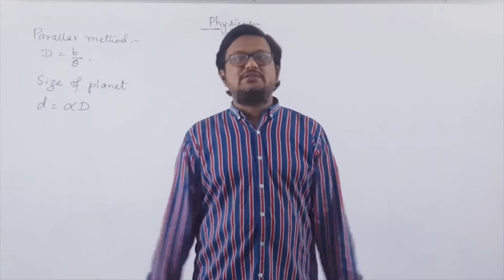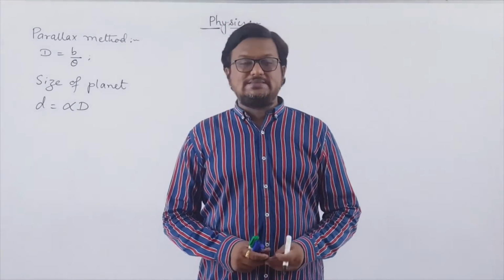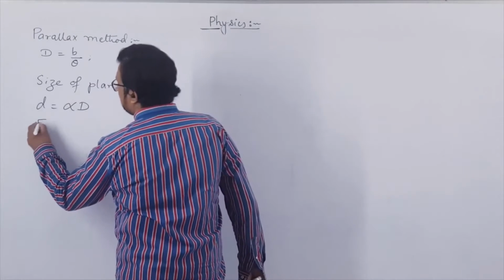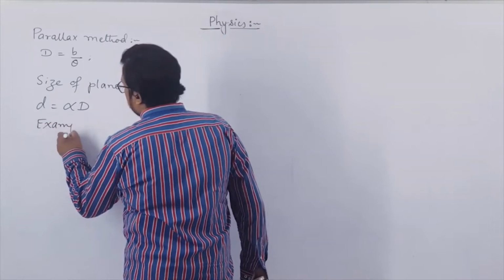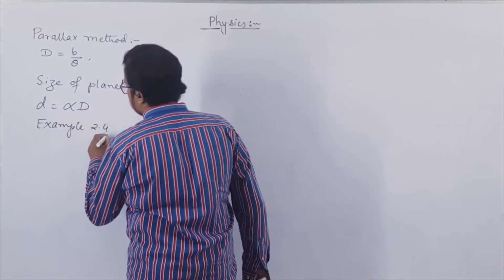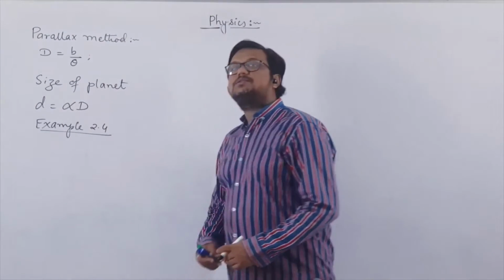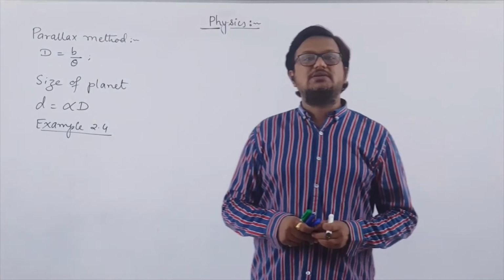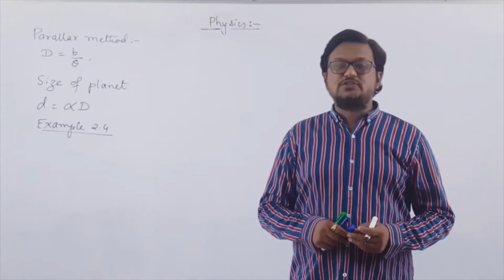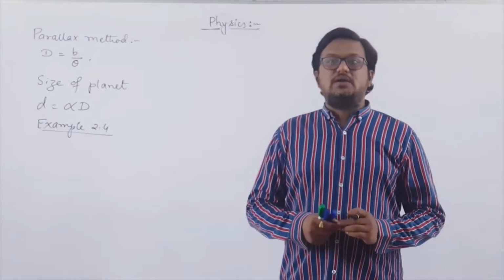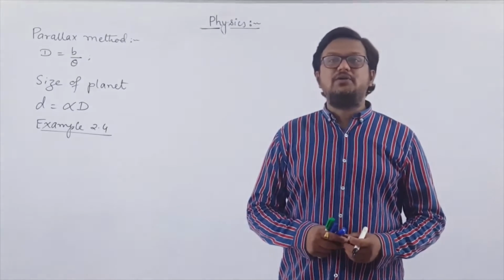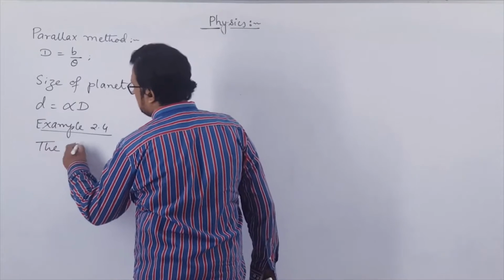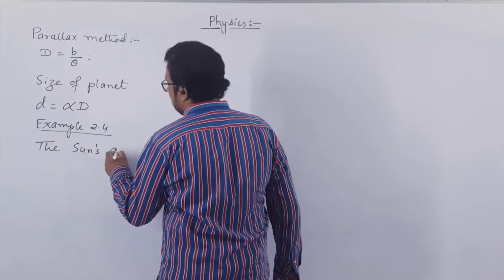Now let us start with some examples based on this. Example number 2.4. In this example, the sun's angular diameter is measured. The angular diameter of the sun is given, the distance of the sun from the surface of Earth is also given, and we have to find the diameter of the sun.